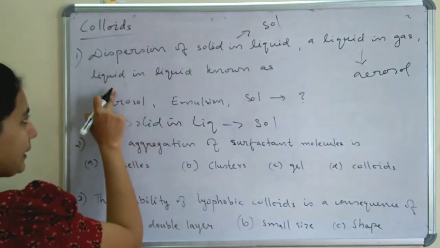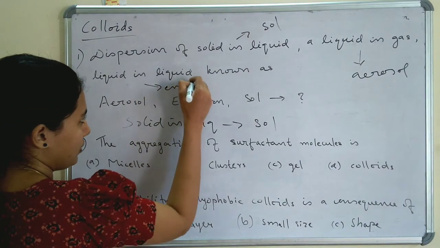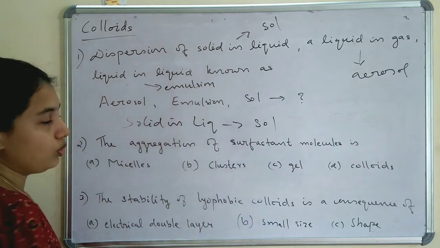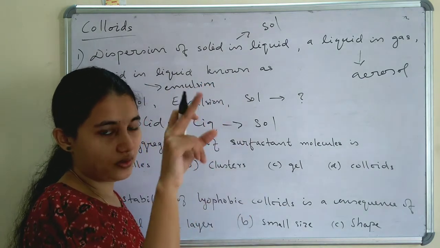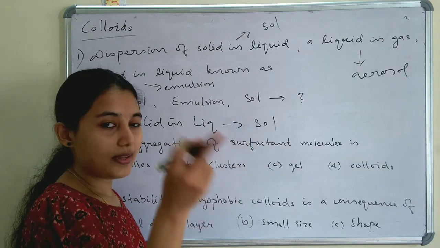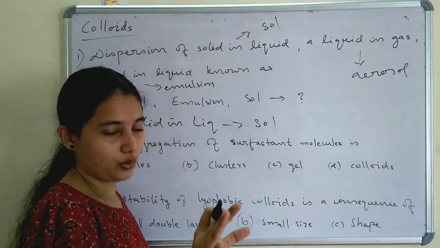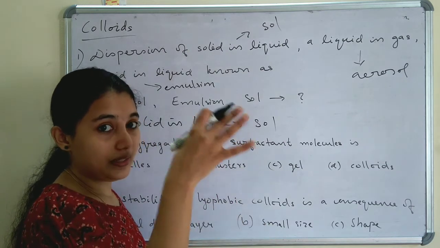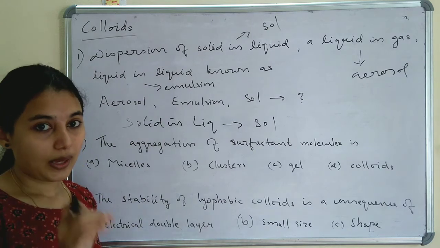And now liquid in liquid, that is emulsion. So solid in liquid is sol. And aerosol is what? Air is gas and the other is liquid, so liquid in gas, that is aerosol. And liquid in liquid is always emulsion.